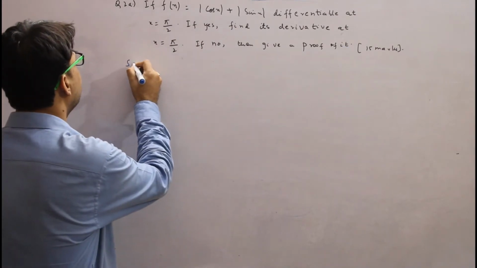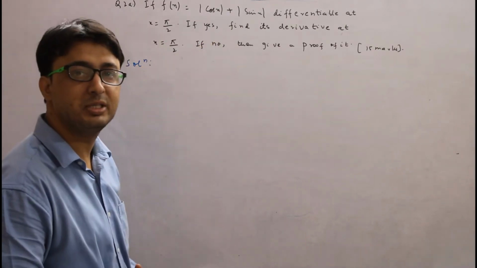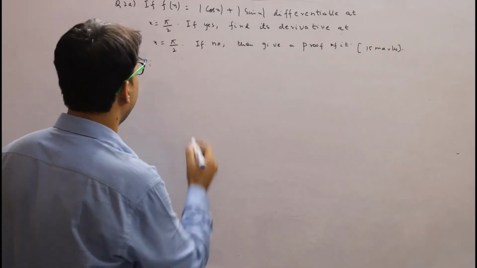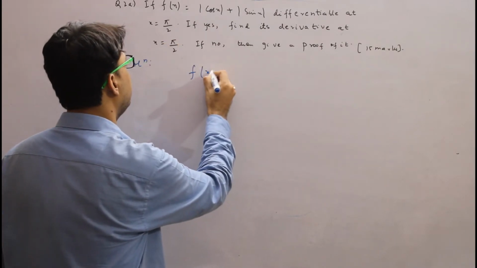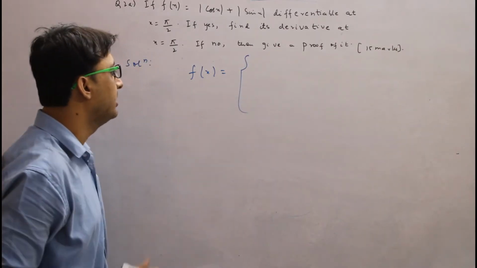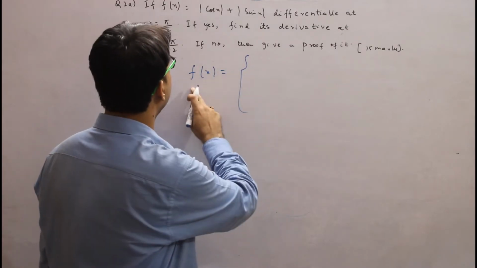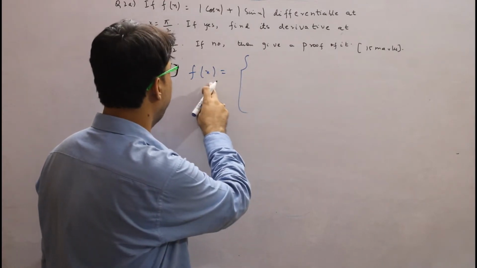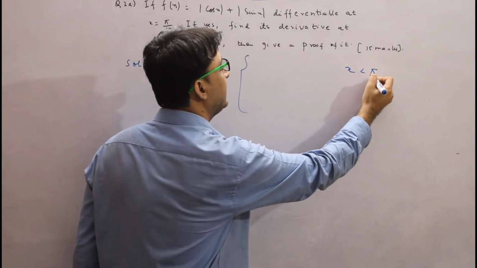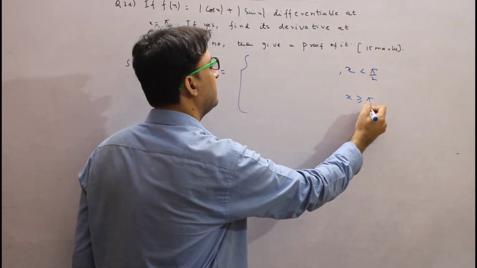So the point over here is that the basic idea of differentiability we must know. So first of all, we illustrate it by graph, because in calculus a graphical approach is very important because it gives a very clear picture. So first of all, I will write this f(x), and I am going to talk for x less than pi/2 and greater than.